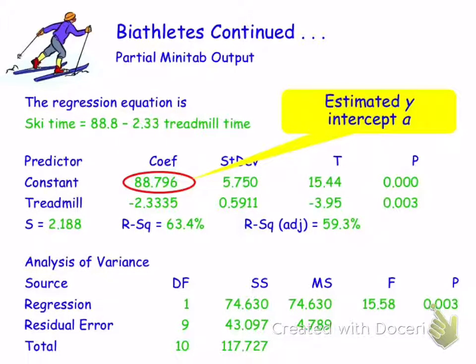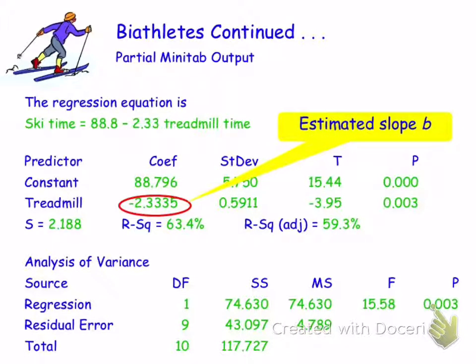One way that I can tell that it's my y-intercept is because it's always next to the word constant. And then my slope is always next to the word that is my x. In this example, my x variable is treadmill time. So your x variable will always be written right here where it says treadmill, and the number that's next to it is my slope. So y-intercept is 88, slope is negative 2.3335.